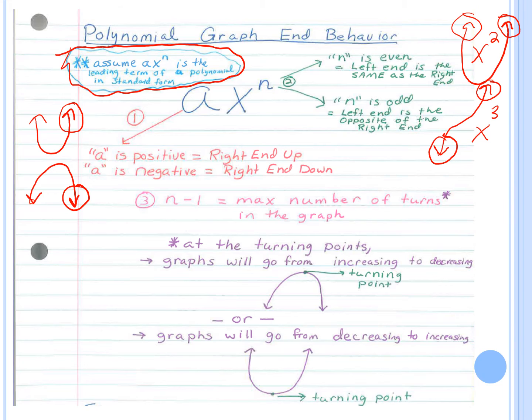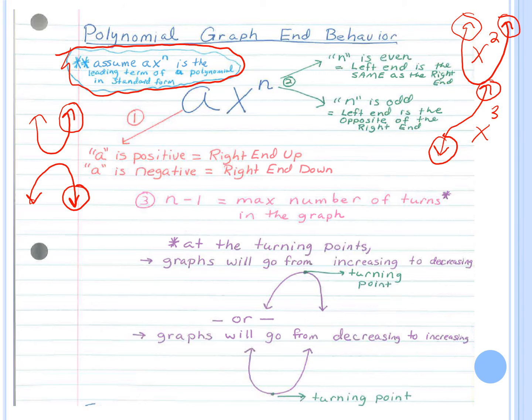Okay? Now, the n tells us one other thing. If we take n minus 1, that tells us the maximum number of turns in the graph. Now you're like, what are turns? Well, turns are like our peaks and our valleys, our mountains and our valleys.